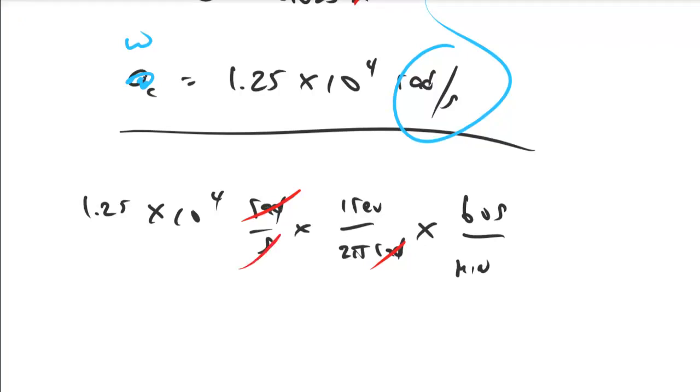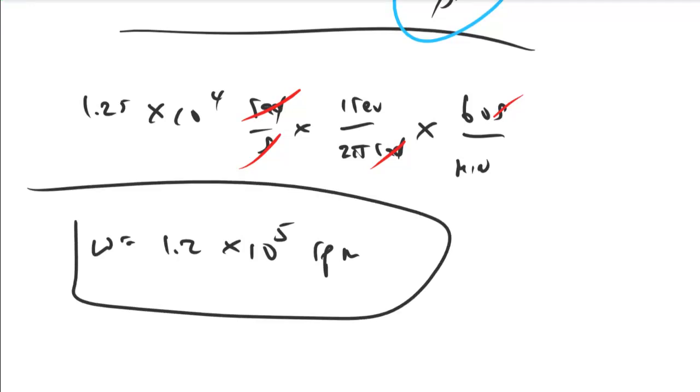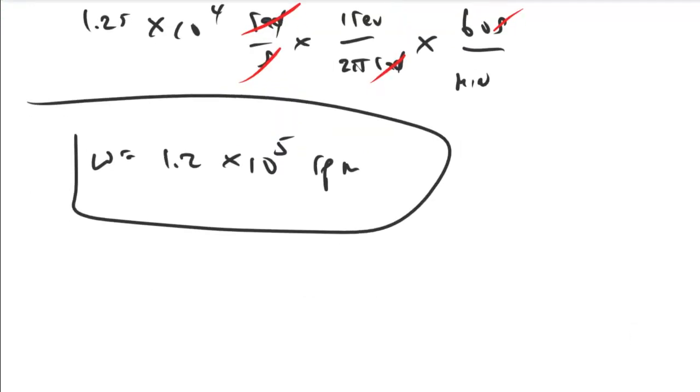And the seconds cancel out, and this comes out to omega is 1.2 times 10 to the fifth revolutions per minute. So it needs to spin at 120,000 revolutions per minute. It's pretty fast, but that's a very, very large acceleration, right? And you can get the things to separate.